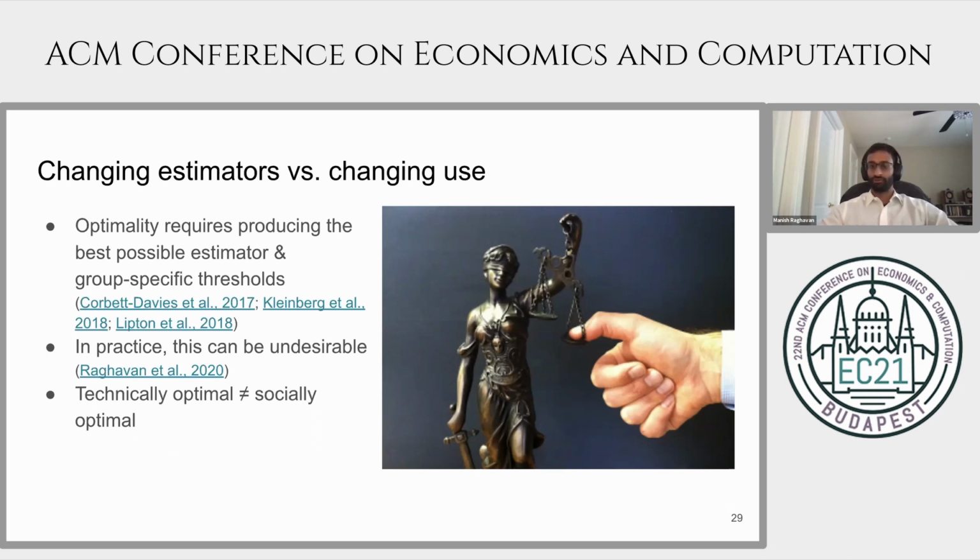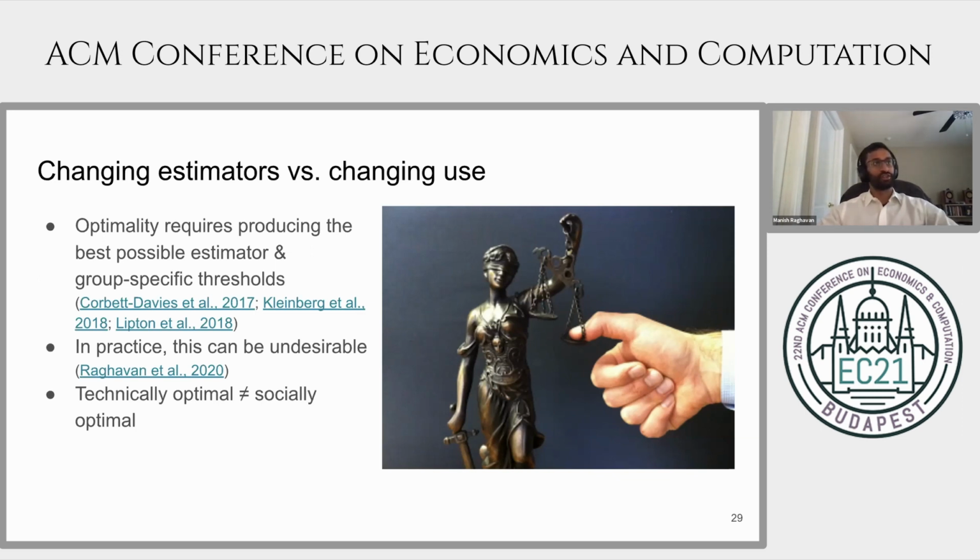This question of should we change estimators or how they're used has been considered by a lot of people. Now, mathematically, the arguments that typically get made are that it's in some sense optimal to build estimators that use as much predictive information as possible, and then downstream change how those estimators are used in order to meet whatever policy goals you have.